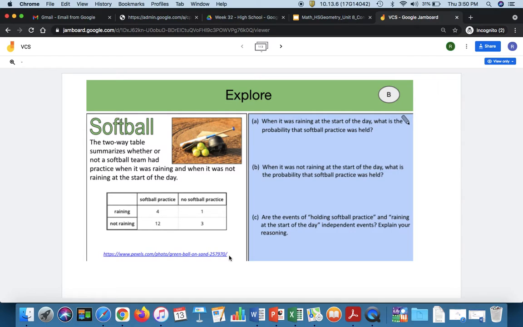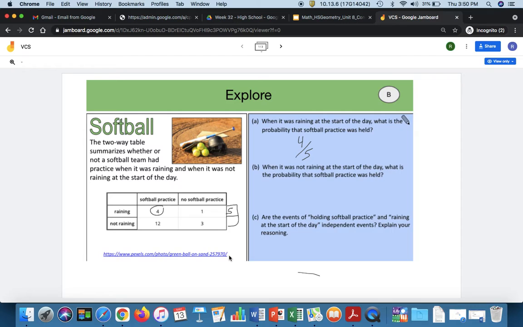So if we take a look at when it was raining, in my raining column, I have 5 total outcomes here, and I see that when it was raining, we held it 4 times out of the 5 total possible outcomes there, right?